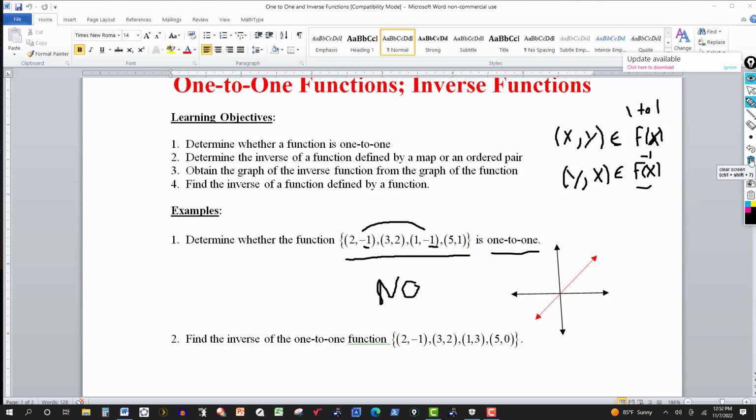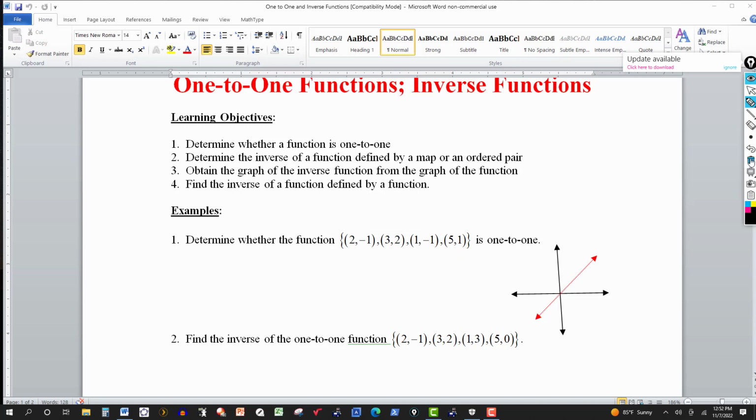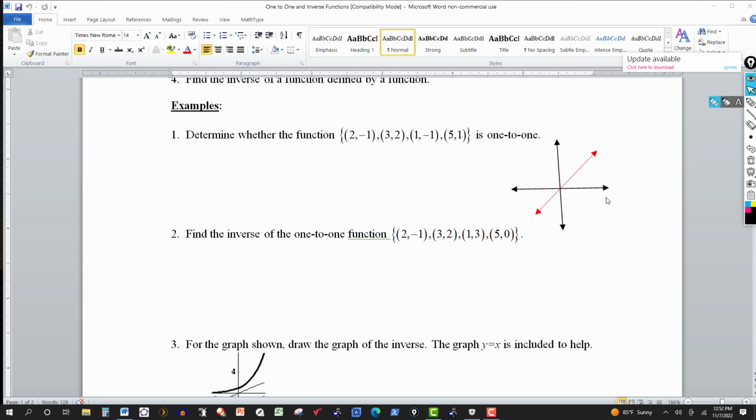You reverse the ordered pairs of the one-to-one function, because remember, a function will not have an inverse if it's not one-to-one. It'll have an inverse relation, but it won't be a function. So if they give you the ordered pairs, the second one, find the inverse of the function. In this case, you can see it does qualify: for every x, there's one y, and for every y, there's one x. So all you have to do is just reverse the ordered pairs.